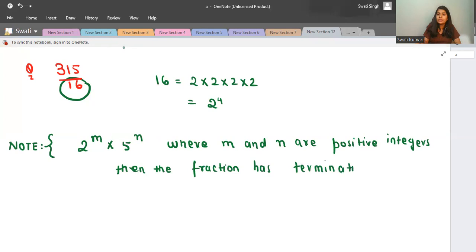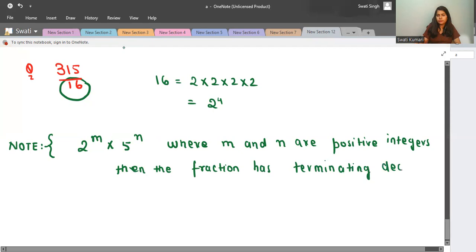Terminating meaning it will stop at some point, right?